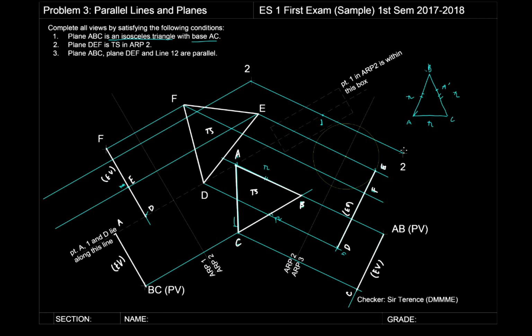So, ito yung simplest solution class, no? Gagawin ko na lang na si point 1 is along, I'll just do 1, 2 to. This is point view. And I'll show 2 solutions, no? So, paano ko ba ipapakita?